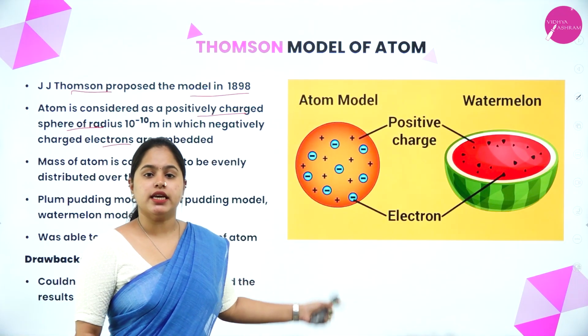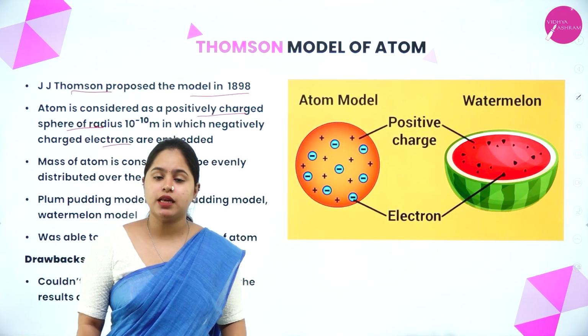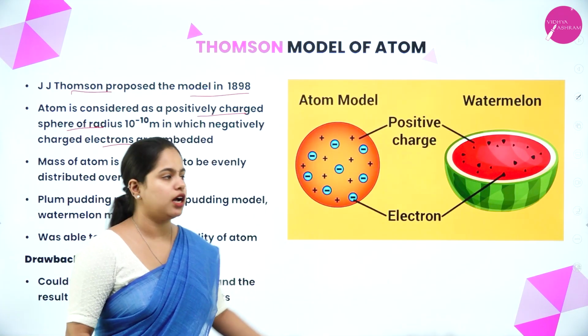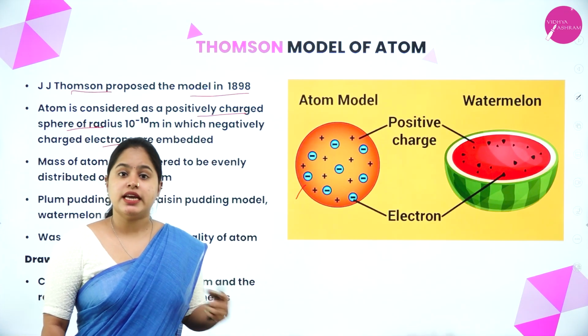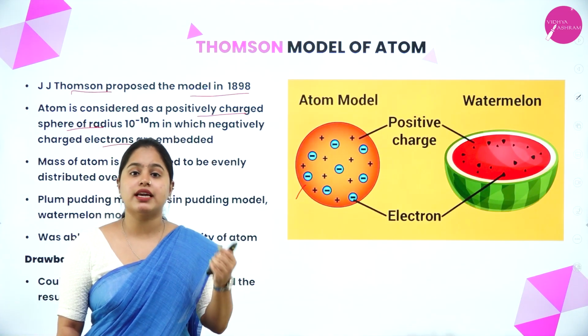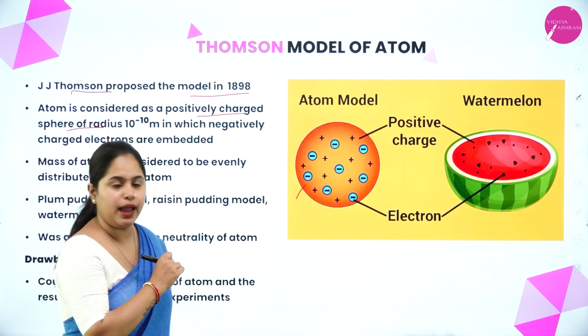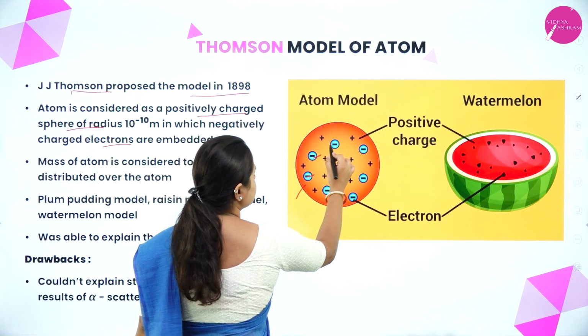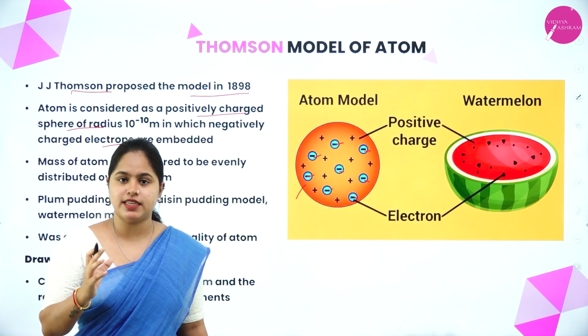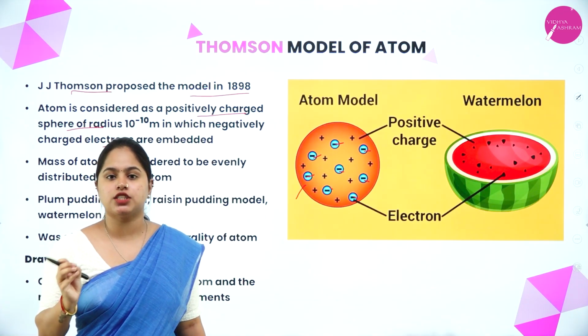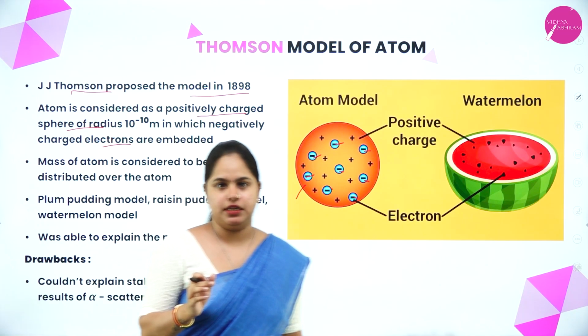As you can see here, Thomson considered the atom as a positively charged sphere in which the electrons, or negatively charged particles, are embedded. You can see the negatively charged particles here, right? So the whole sphere is positively charged and the negatively charged electrons are embedded in it.